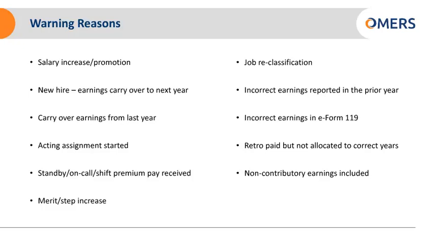Reasons for this are similar to those of salary decrease, including salary increase or promotion, new hire, earnings carry over to next year, carry over earnings from last year, acting assignment started, standby, on-call, shift premium pay received, merit or step increase, job reclassification, incorrect earnings reported in the prior year, incorrect earnings in the eForm 119, retro pay but not allocated to the correct years, or non-contributory earnings included.